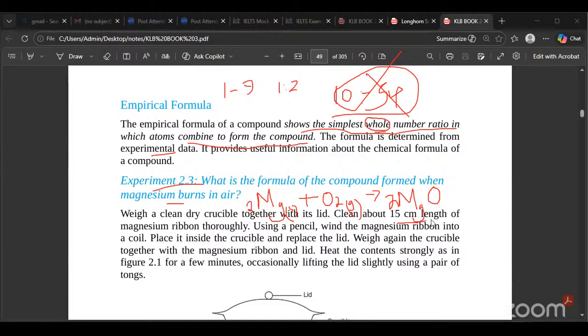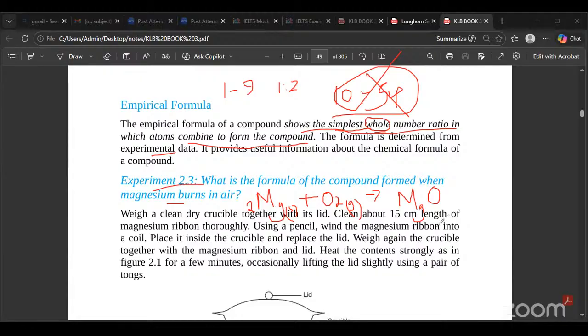If the empirical formula does not look like that, then you are wrong. So I'm saying empirical formula, and now let me show you what I'm talking about. Simplest whole number. Before I even write the 2, let me just remove these 2 first.